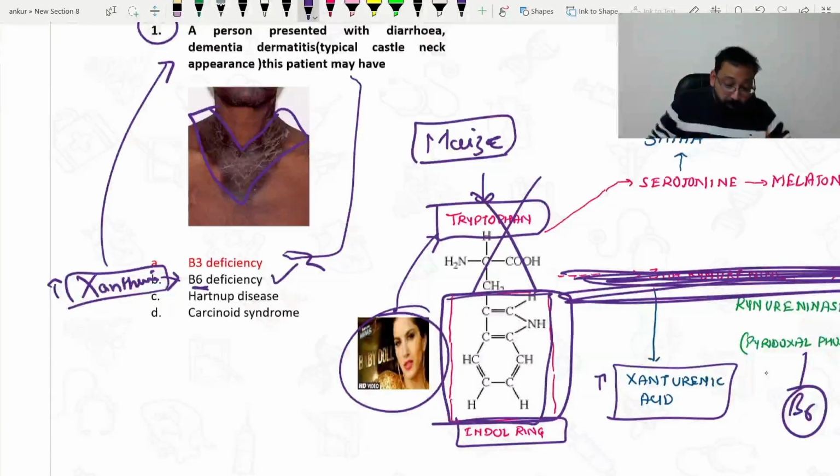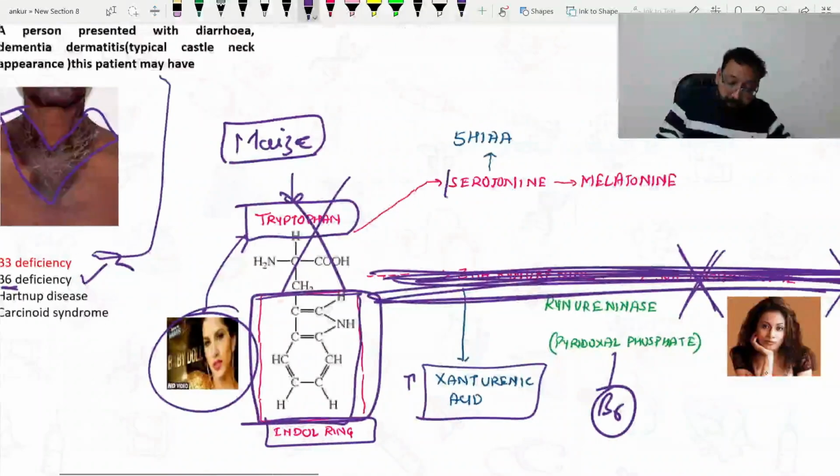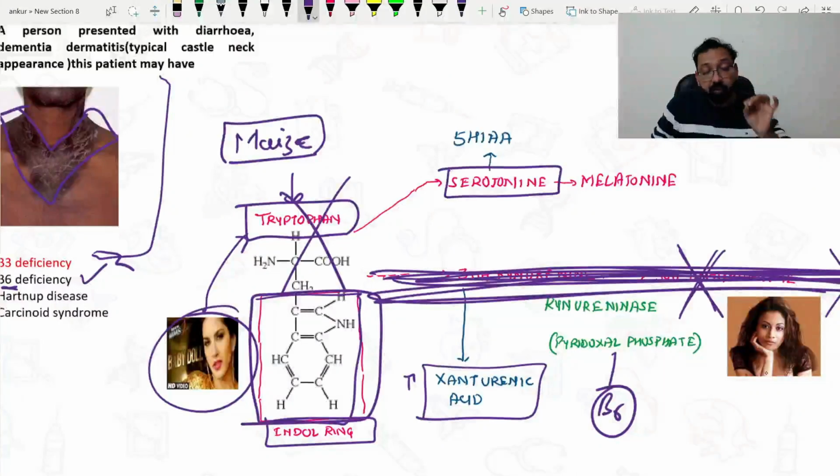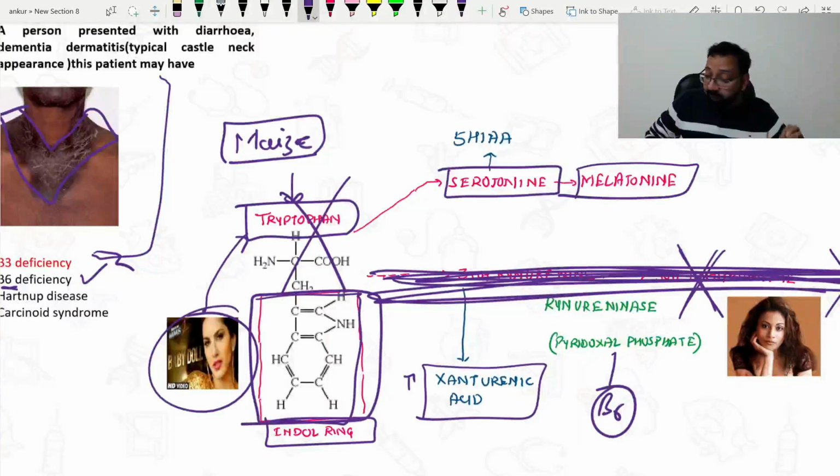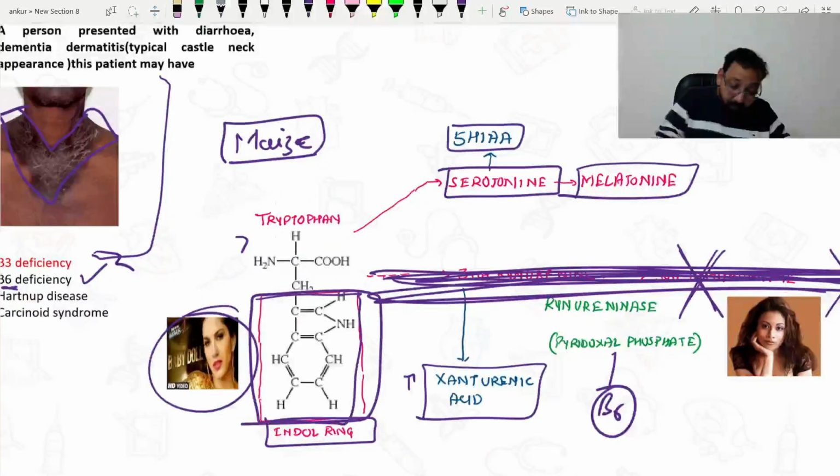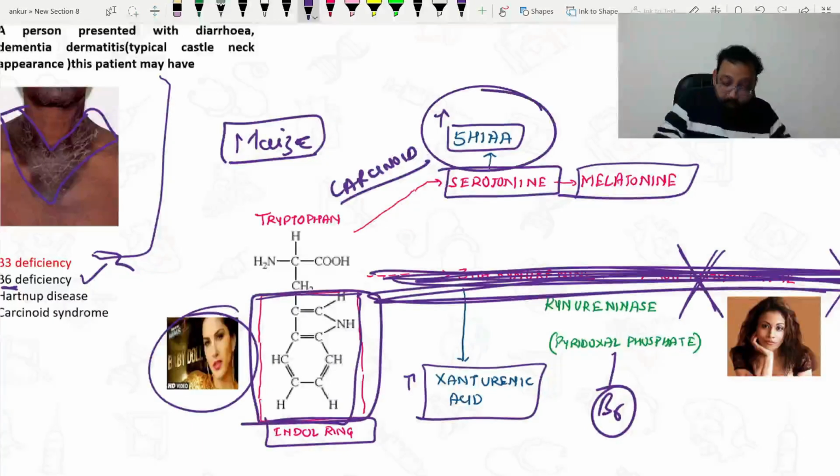We found that tryptophan is normally converted to serotonin. A question is asked: the precursor for serotonin is tryptophan. A question is asked: the precursor for melatonin is tryptophan. Serotonin is normally converted to 5-HIAA, but in carcinoid syndrome, more and more 5-HIAA is produced.